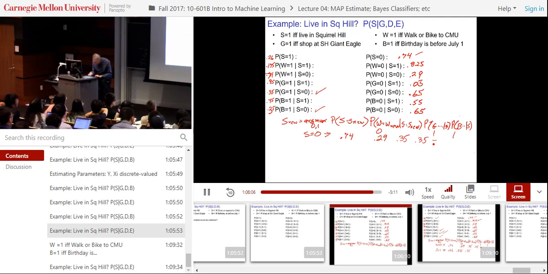Okay, and my calculator assistant may work on the product of those four numbers while we write down the thing we want to compare it to, which is under the assumption that S equals 1.